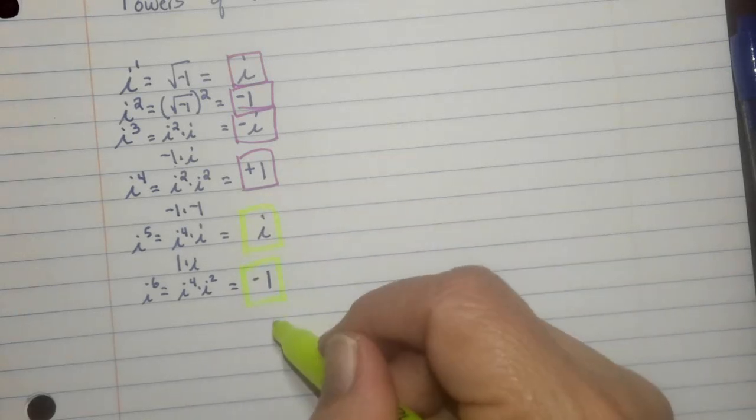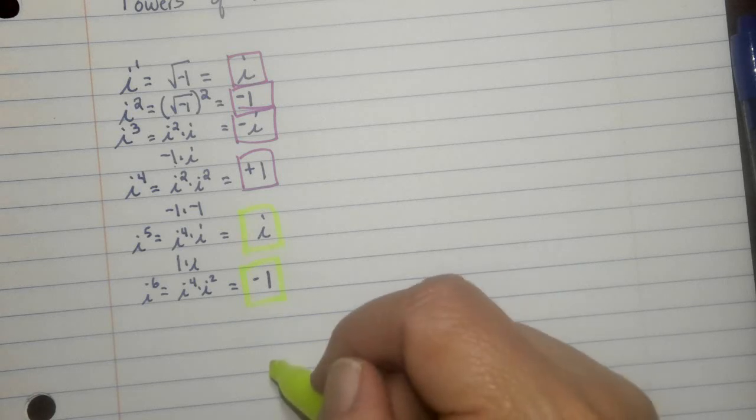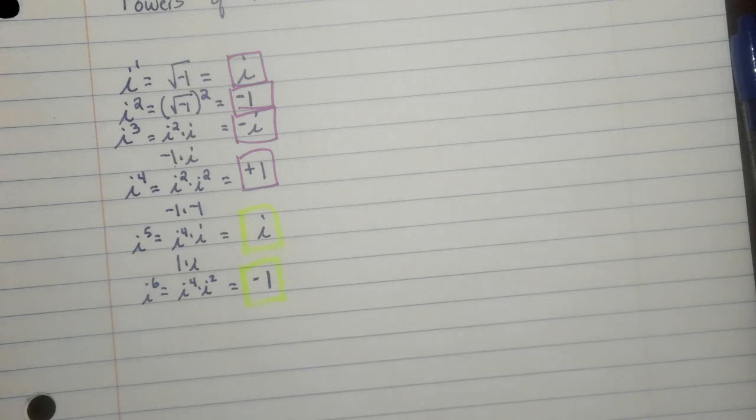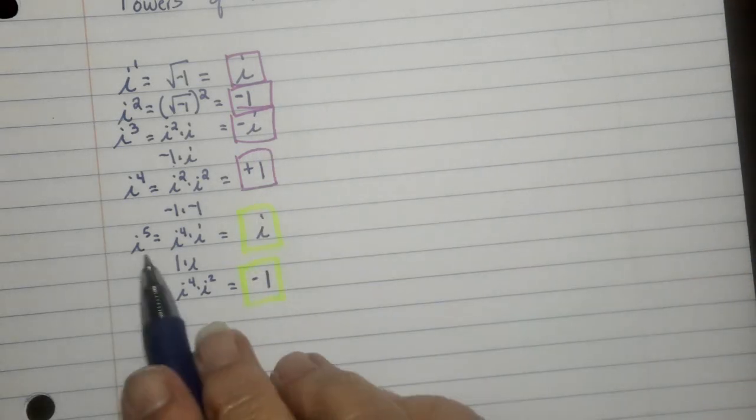What's going to come next? -I, and then +1. And it's going to keep going in cycles of 4. Right? Do you see why that's happening in cycles of 4? Because anytime I have an exponent, I can break it down into parts. And my I to the 4th is always going to come out to be 1.